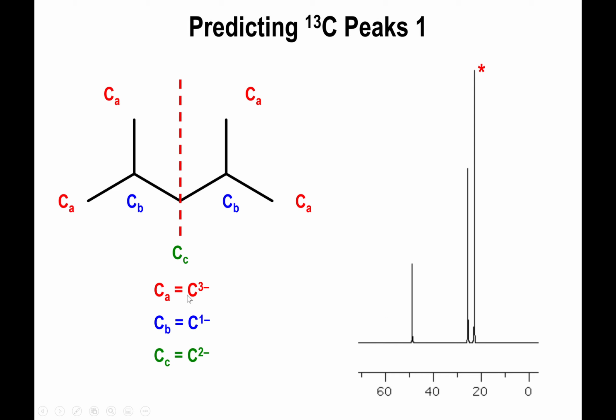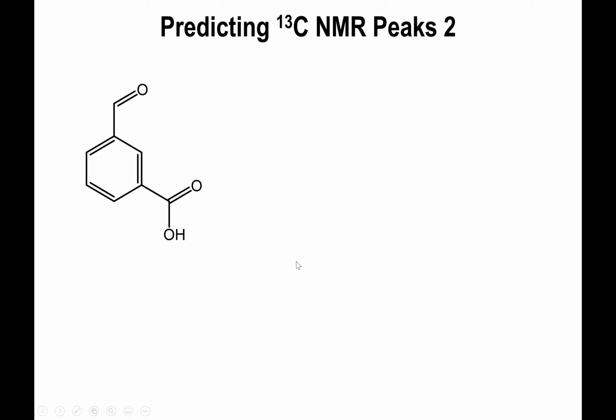Carbon A has an oxidation state of 3 minus, so that's going to show up the most upfield, because it has the most electron density. And then the carbon with the 2 minus charge is going to be right in the middle. So that's one way in which you can identify which one of the carbons corresponds to the ones in your molecule.